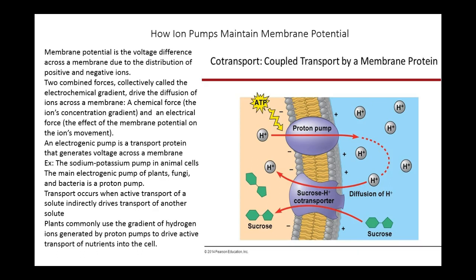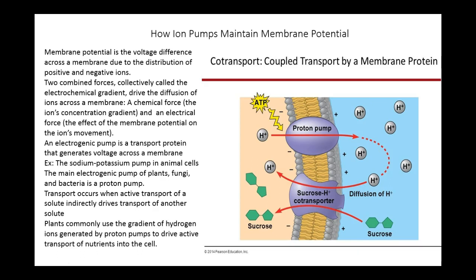That energy that's created on the outside is the fact that that hydrogen ion, that proton, wants to get back in. It is an ion, don't get me wrong, a positively charged ion, and it wants to get back in because not only of the chemical disparity between the outside and inside the cell, but also the electrical charge. So what happens is that hydrogen proton will attach to another protein that also will bring a sucrose in.